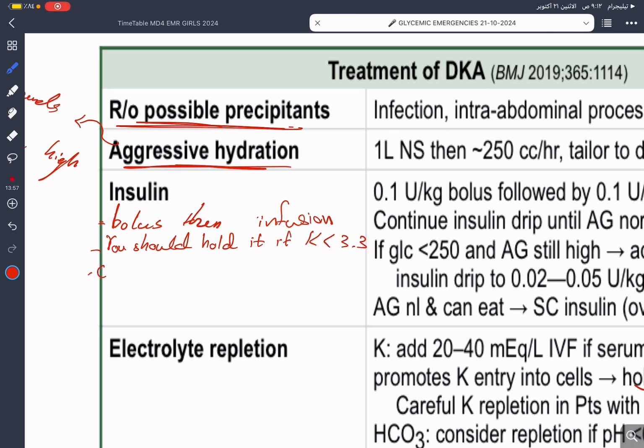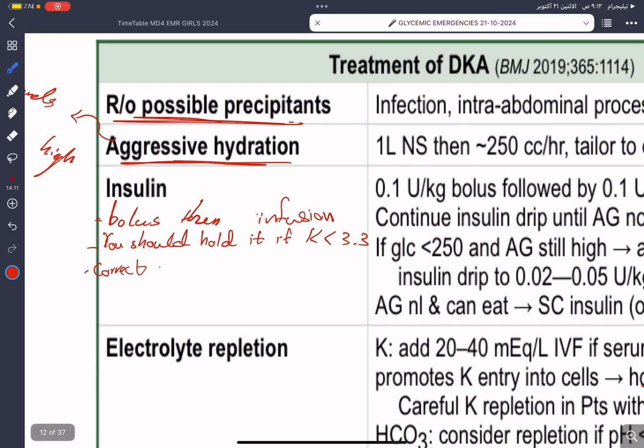Okay, should we give bicarb for DKA? No need. Their bicarb is low, but it gets corrected with insulin. So usually we are not giving it. Usually in practice we don't give bicarb infusion or bicarb boluses during DKA, because if you treat the underlying cause, you will correct the acidosis.